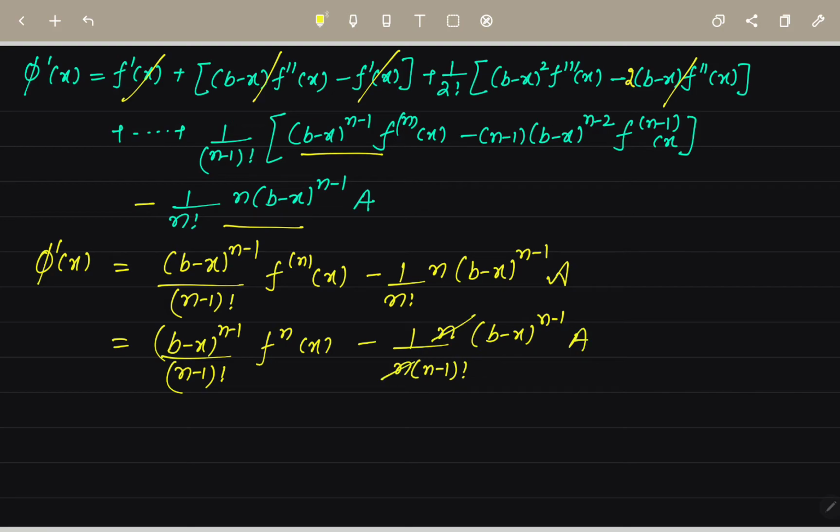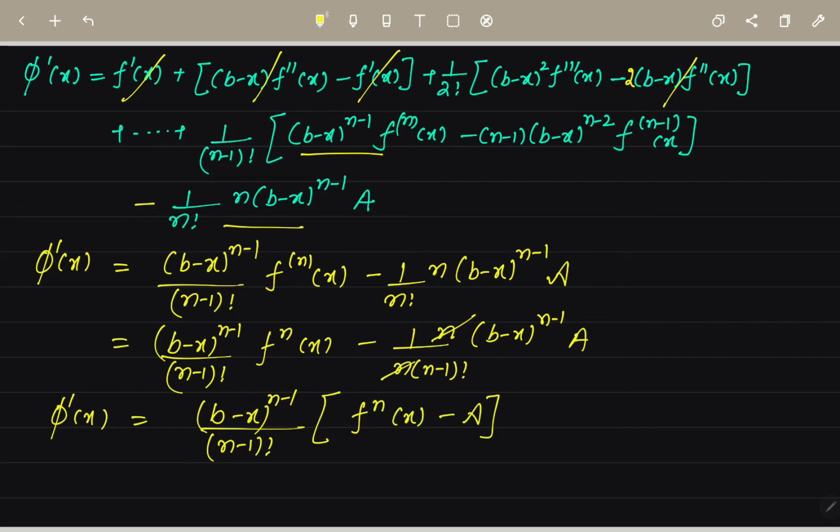Now n and n get cancelled, so I am left with phi dash x equal to (b minus x) raised to power n minus 1 divided by n minus 1 factorial. From here this whole term and this whole term are the same, so I can take it common. Inside I am left with f nth derivative at x minus a.